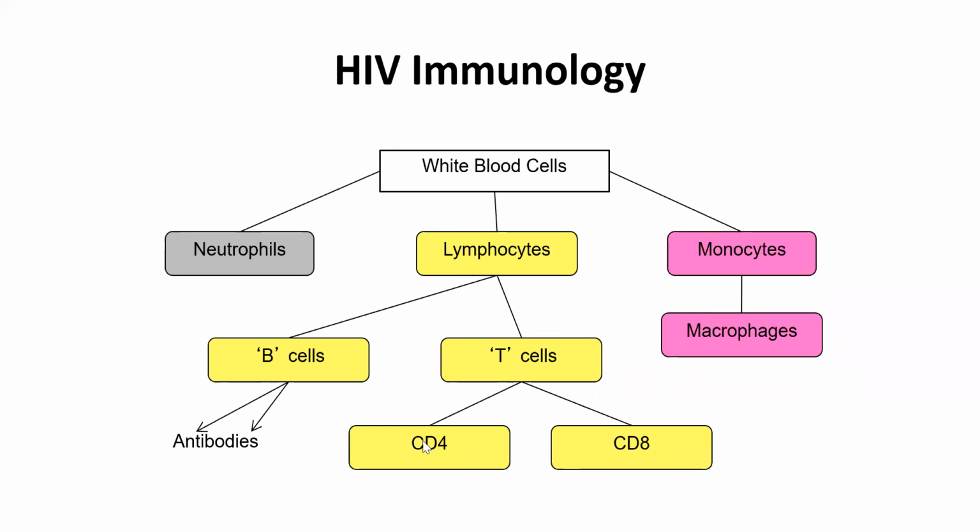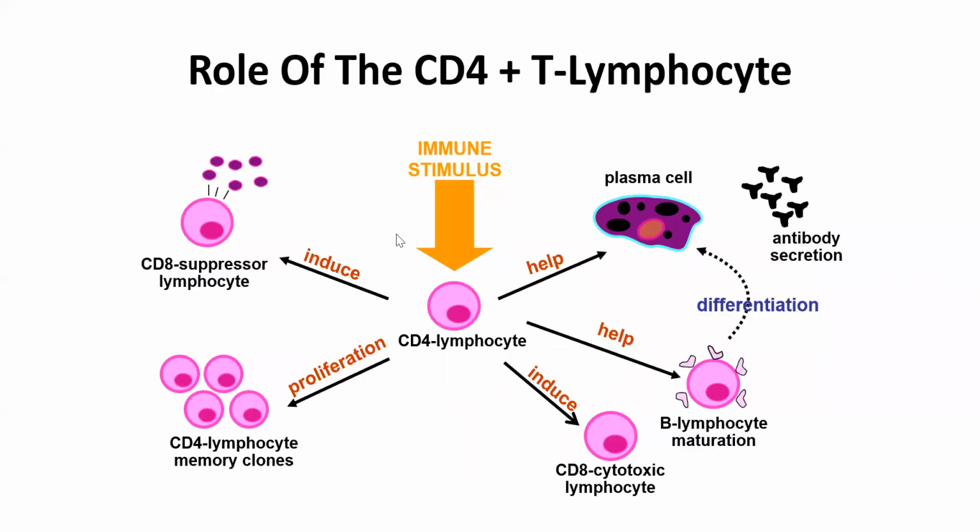Then on the T cells, you have your CD4 cells. Your CD4 cells don't really attack infections directly, but they have several roles. Let me try to summarize what the CD4 cell does. It coordinates or stimulates other cells of the immune system to perform whatever function they are supposed to perform.